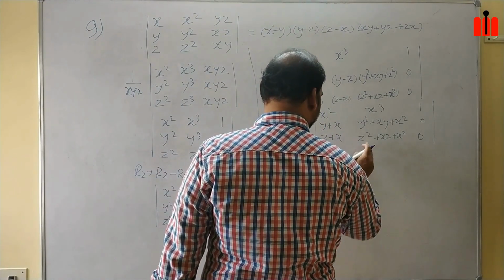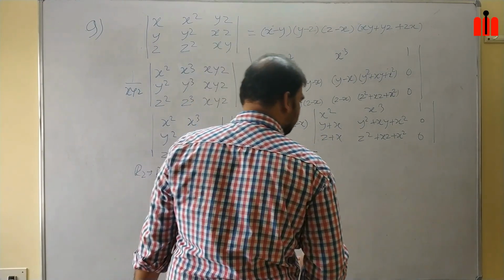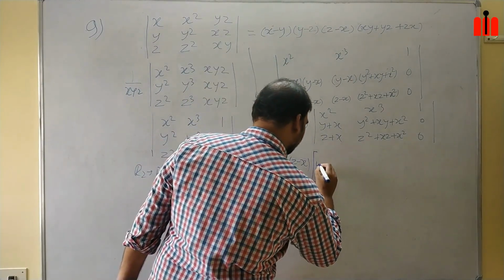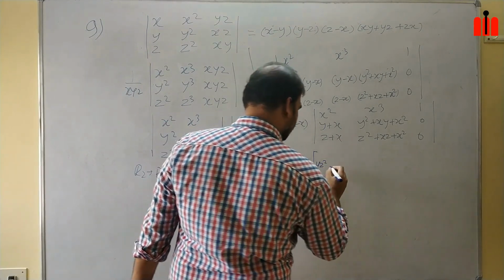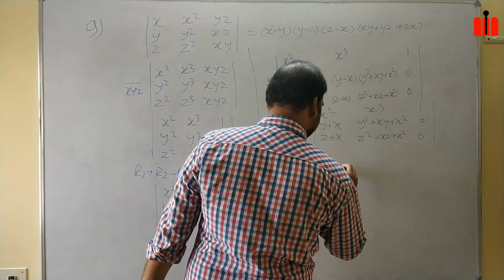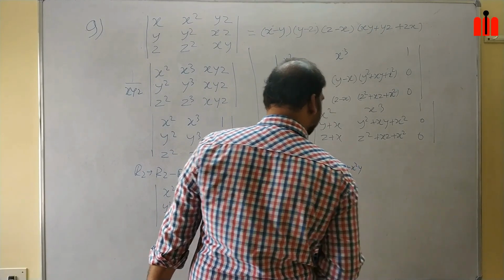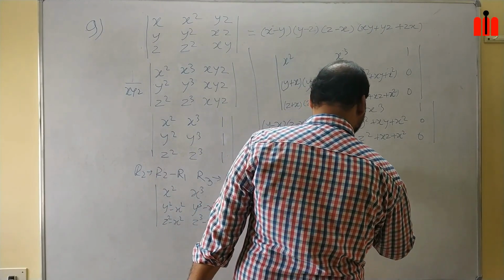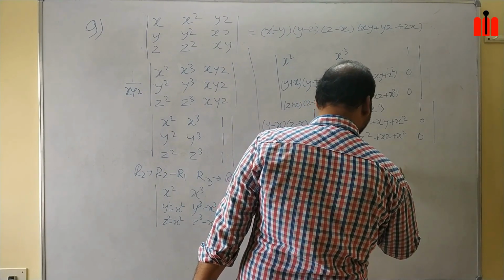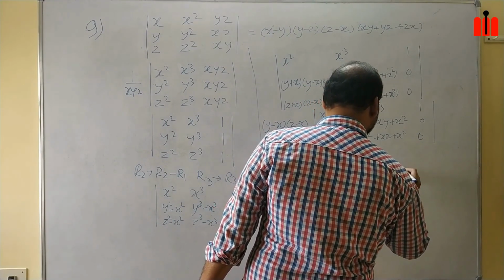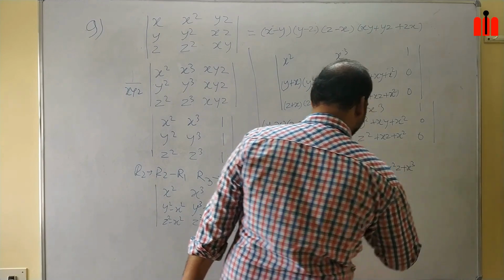y plus x multiplied to z square plus xz plus x square. It will become yz square plus xyz plus x square y plus xz square plus x square z plus x cube.